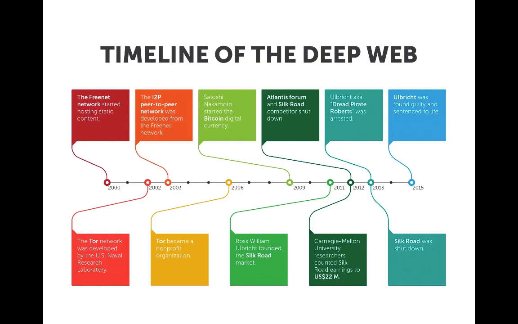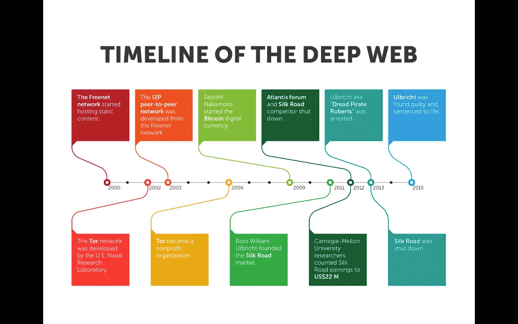This is the complete timeline of the deep web, showing how it was created. We have to go back some years. In 2000, the free net, or surface net, started hosting static content. After that, in 2002, the Tor network was developed by the US Naval Research Laboratory, but it was not publicly available.